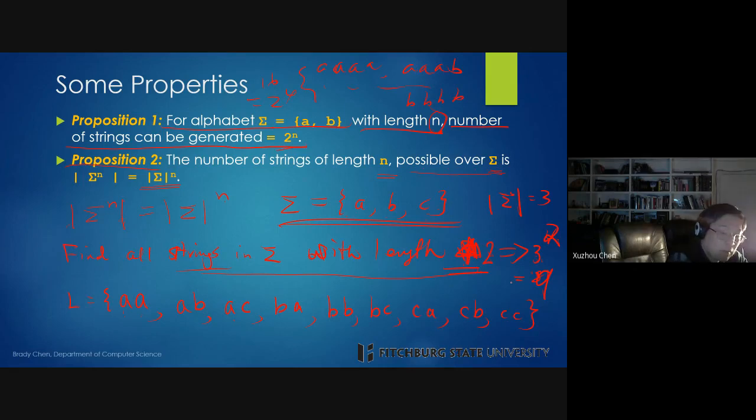So 1, 2, 3, 4, 5, 6, 7, 8, 9. You have a total of 9 different strings of length 2 over the alphabet A, B, and C. Any questions on this?